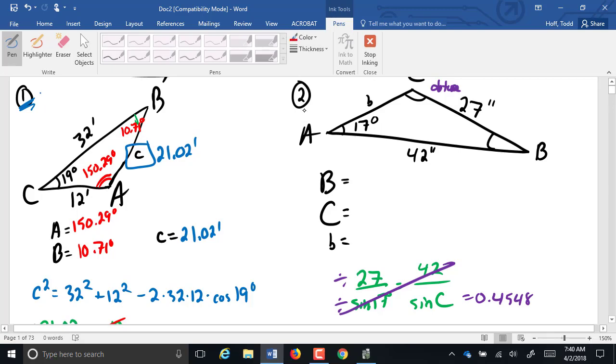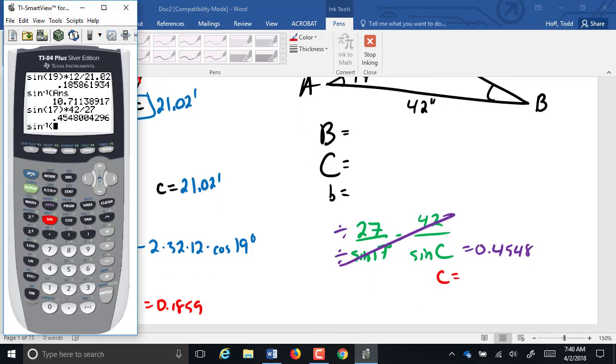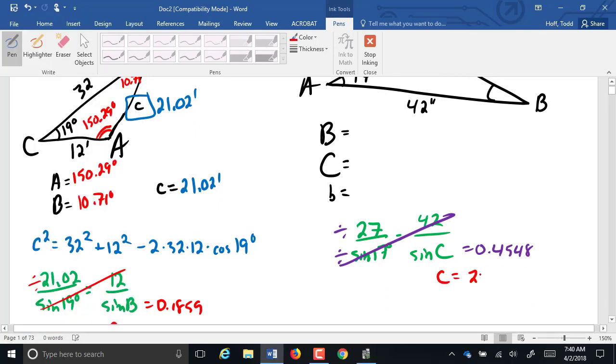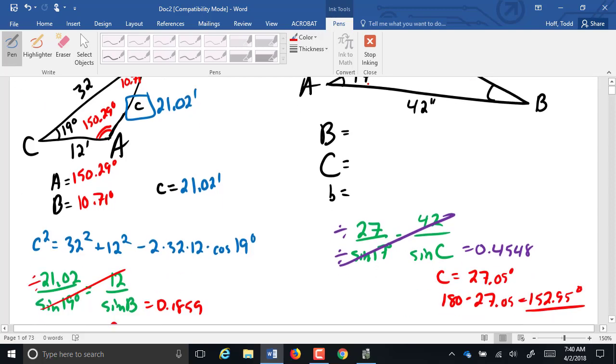So we do an inverse sine. You get 27.05, but that's not our answer, is it? Our answer, 180 minus 27.05, is 152.95 degrees. So that's our angle, 152.95.